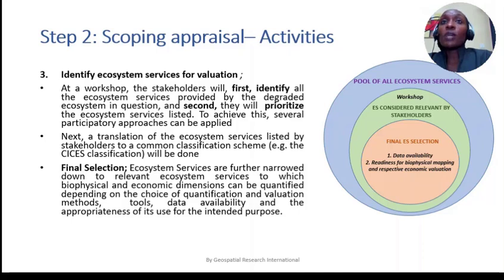Ask yourself whether it's mappable or not, and then also look at the economic perspective and check whether the economic values for that particular quantified ecosystem service are available. This will depend on the choice of the quantification and valuation methods that we talked about yesterday, and also on data availability and the appropriateness of its use for the intended purpose.